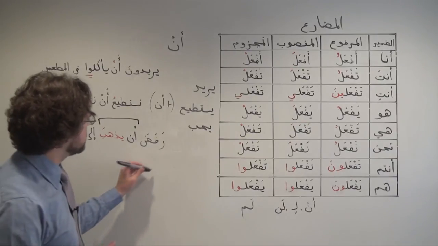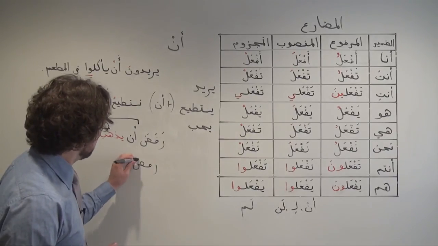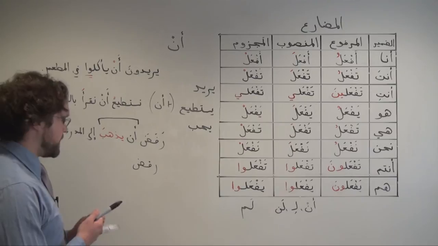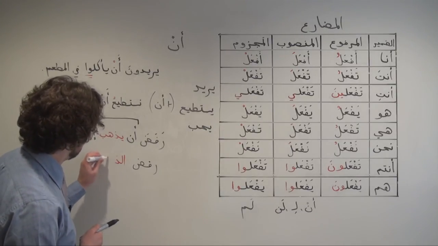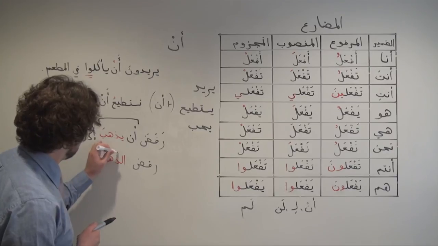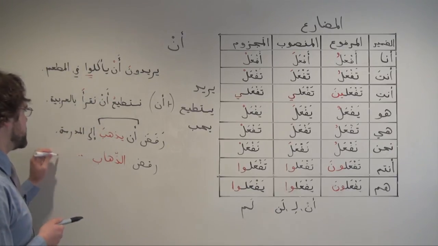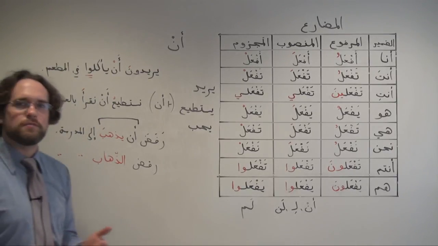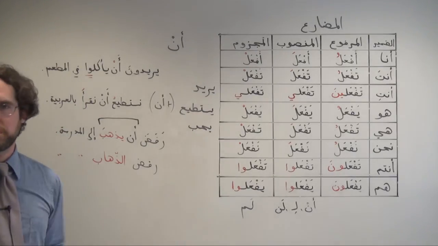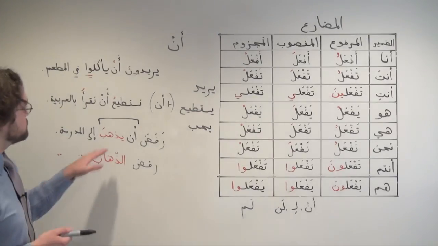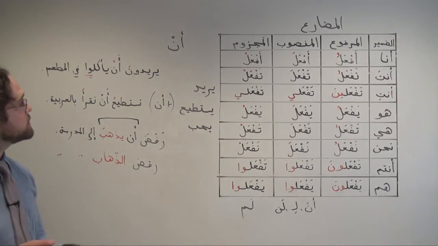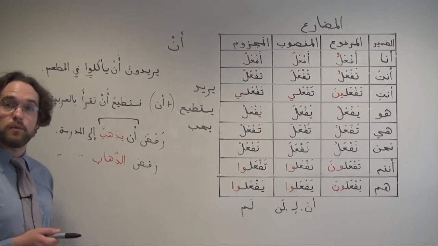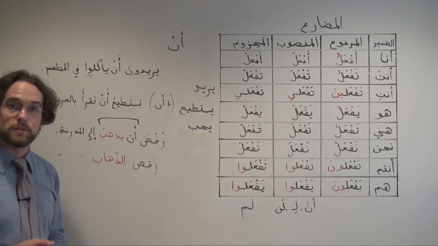We could say rafada al-dhahab ila al-madrasa. Literally, he refused the going to school, right? But if we want to use an, a conjugated verb needs to be mansub, and that is how we connect main and dependent verbs in formal Arabic.